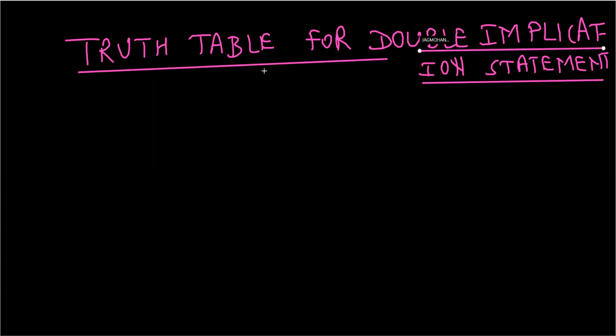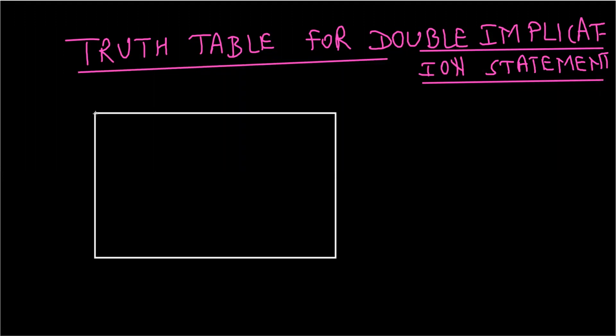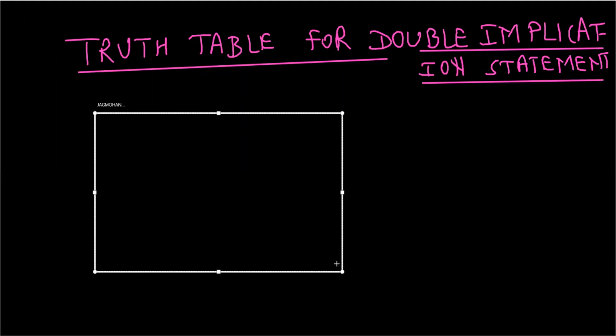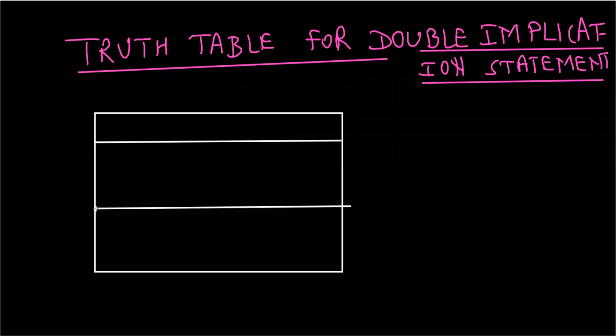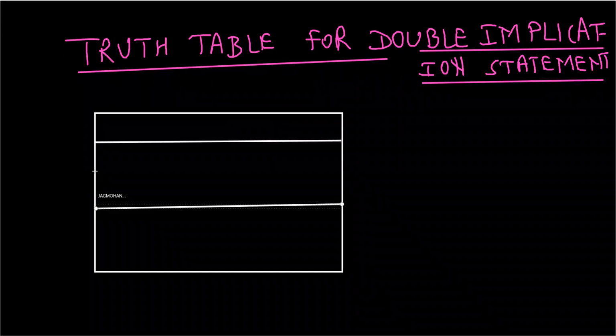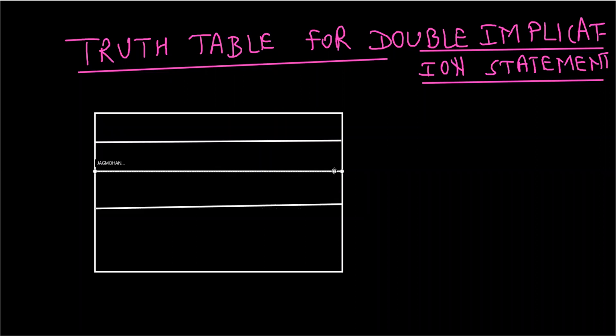Now students, as you all know, a truth table is important because it gives us the truth value of the compound statement for all different possible combinations of truth values of its component statements.